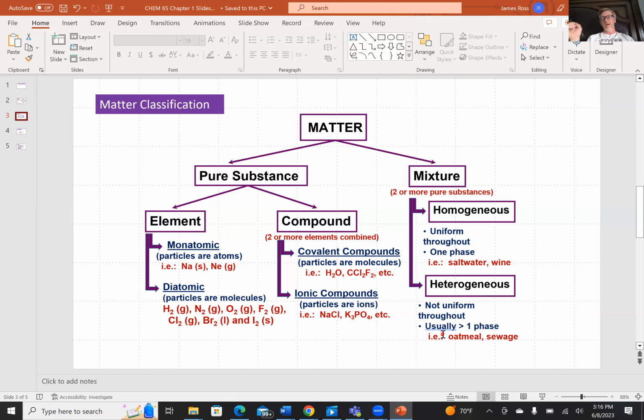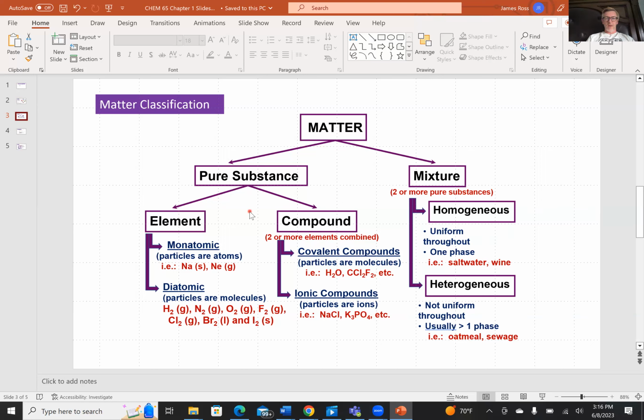It's a feature, therefore it's a heterogeneous mixture. A slightly more disgusting example, because why not, is sewage. If you imagine sewage, you've got particulate matter, you've got paper, other things, not to mention turtles and crocodiles and fish. No, but you've got particulate matter and liquid material, so that would be a heterogeneous mixture.